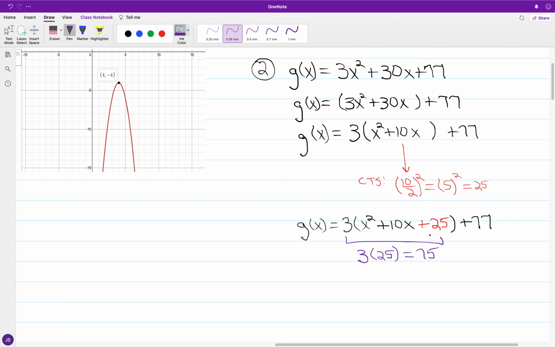So by adding 25 within the parentheses, I'm adding 75 overall. So to override the surplus, I'm going to take away 75 at the end.